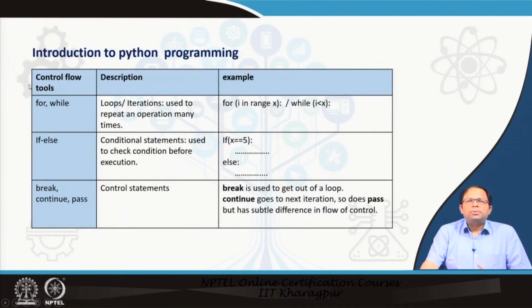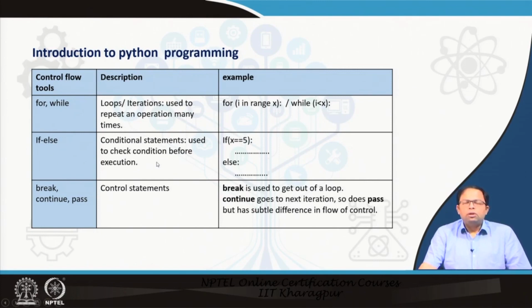And then once we define the variables, we need to do certain things with them. For example, we can run them in loops, like we can use the for and while statements, where for a variable in a particular range, we can do certain things, or while a variable is less than this, do something. So these are loops and iterations or repetitive tasks, because computers are good at repeating tasks, and this is how we can make them repeat.